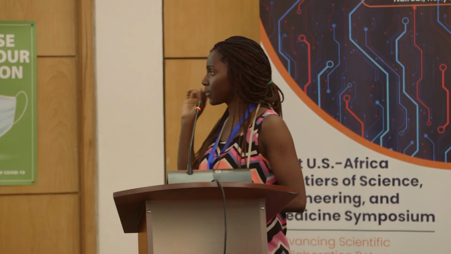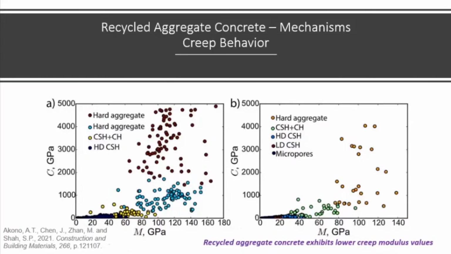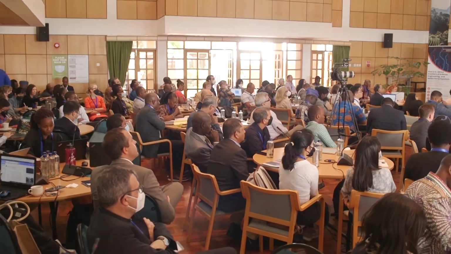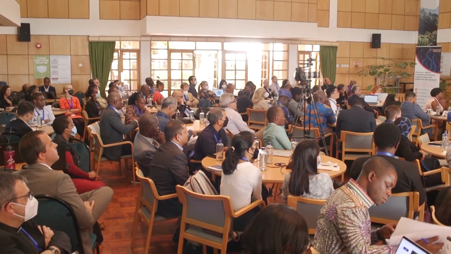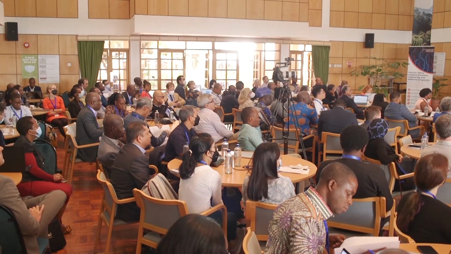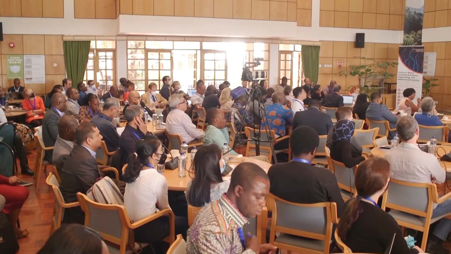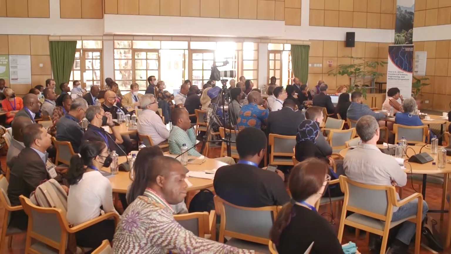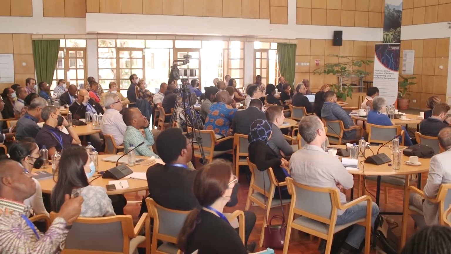And finally, we were looking at the creep properties. So the creep is measuring the long-term performance. And what we saw is that on the one hand, you have natural sand concrete, and on the other, you have recycled aggregate concrete. Natural sand concrete is going to have a high value of the creep modulus compared to recycled aggregate concrete, which means that if you were to have two structures, one with regular Portland cement and the other one with recycled concrete, the structure with recycled concrete is more likely to deteriorate faster and degrade faster because of those differences.